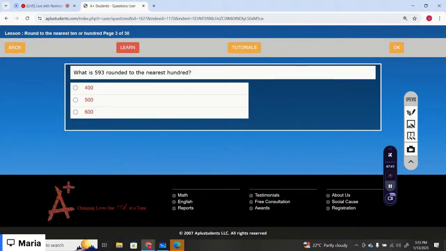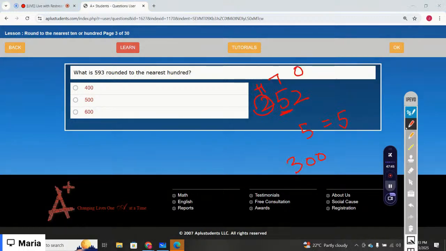What is 593 rounded to nearest hundred? 593, right? So the digit that is at the hundreds position is 5. 5 is at the hundred position, right? So the digit right next to 5 is 9, and 9 is greater than 5.